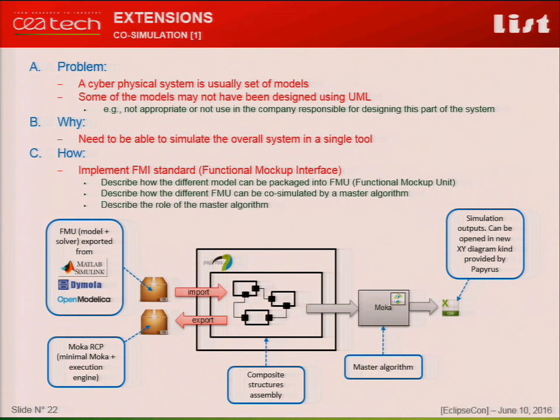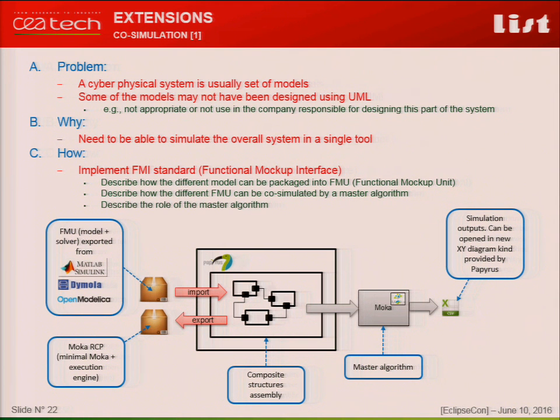We need to be able to import these models and assemble them with another control model specified using UML, connect them through a graph or composite structure, and co-simulate them using a master algorithm.